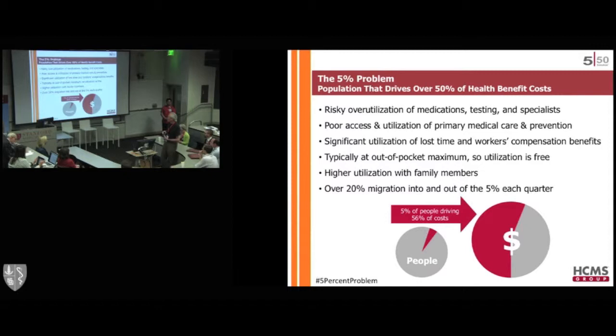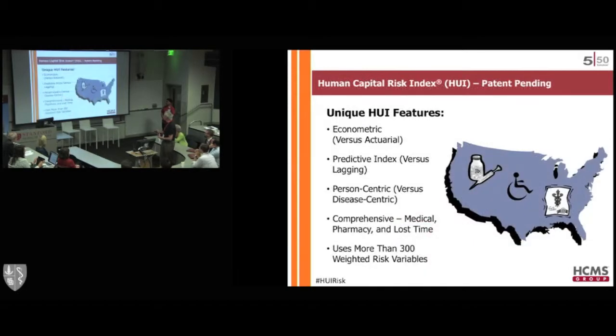And so there's roughly a 20% migration into this 5% population each quarter, which means people are migrating in, people are migrating out. There's a real opportunity for us to bring preventive strategies into the mix when you're looking at this population in terms of who's migrating in and out of the 5%.